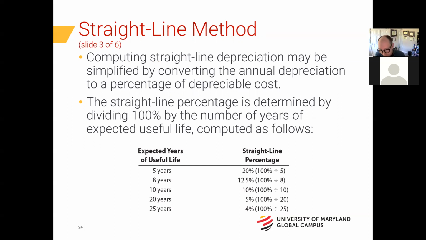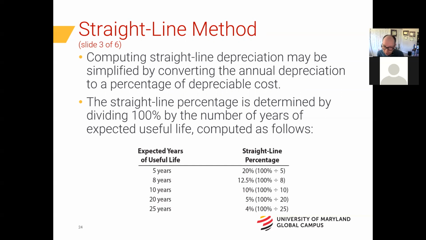We can simplify this straight line by figuring out what we call the straight line percentage. Straight line percentage is a very simple calculation. You take 100% divided by the useful life.